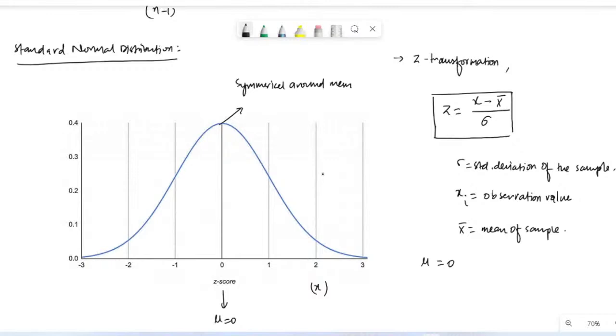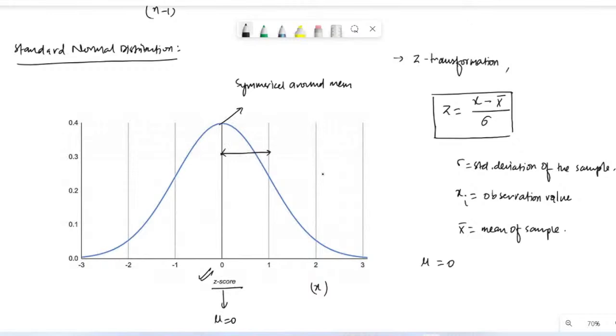So on the x-axis, we don't have marks or a score or whatever value you are taking, but rather a transformed value of that particular data, which is calculated by x minus mu. This is obviously your average, divided by the standard deviation of the sample.